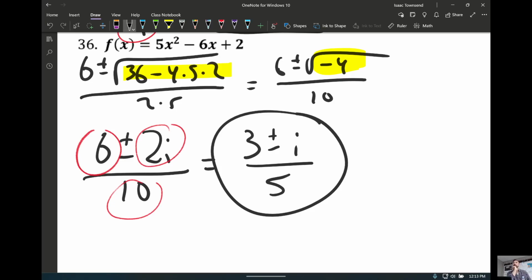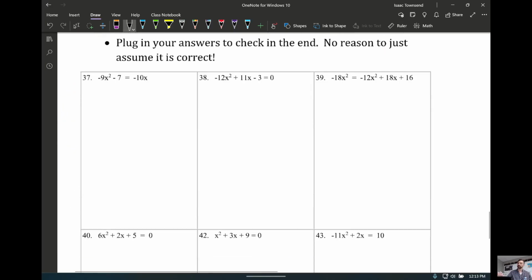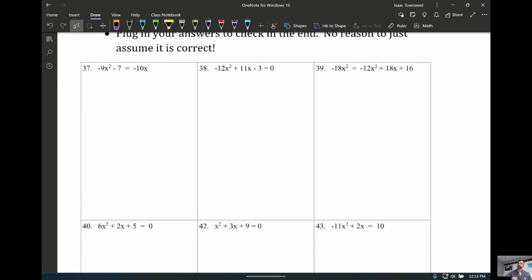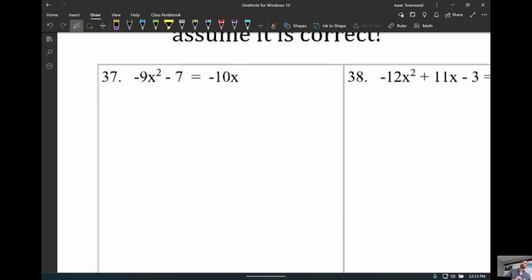Now, I'm going to come back to this one in just a second to show you how to check, but we're going to skip the back page for right now. I'll give you the end of class to do some of those. At the end, it's just 6 practice questions, but one thing is a little bit different, so let me point this out because the previous questions didn't have this as an issue.